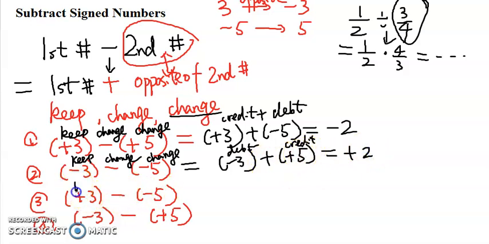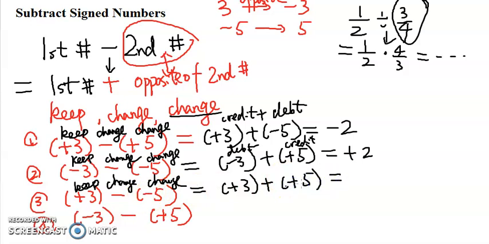Now the next question, still use the same rule. Keep, change, change. We keep the first number +3, change the minus to a plus, and change the minus to a plus. This turns into 3 plus 5, which is +8. Now the last question.